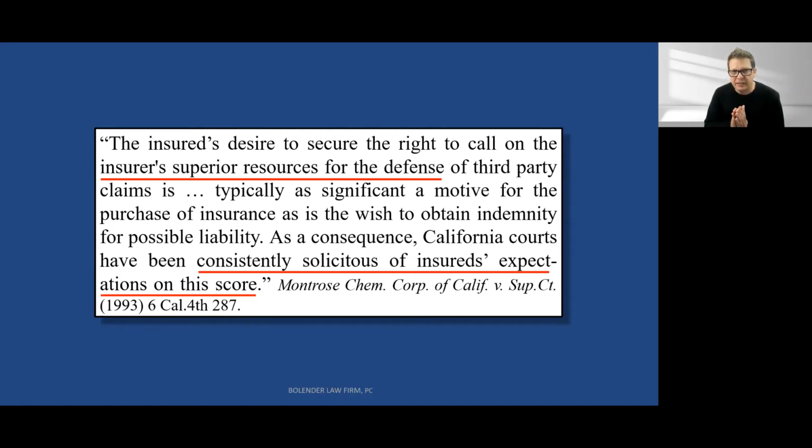Since at least the 1960s, the California Supreme Court has recognized that liability insurance carriers owe a very broad duty to defend. And beginning in the early 1990s, the California Supreme Court issued a series of opinions that confirmed its expansive view of the duty to defend and drew a very sharp distinction between the duty to indemnify and the duty to defend.